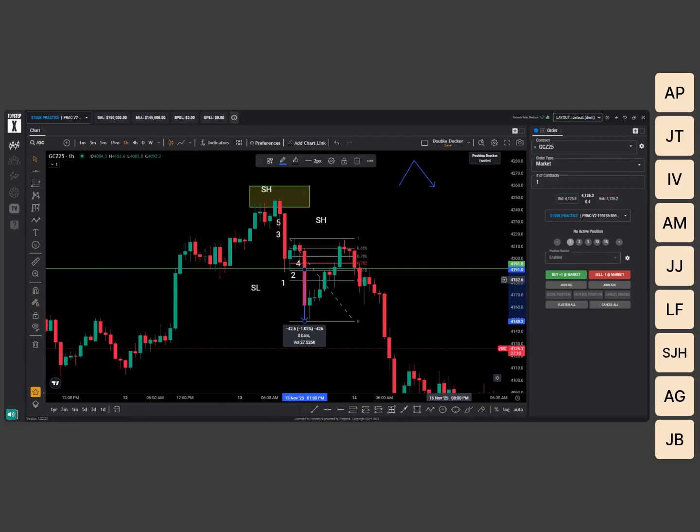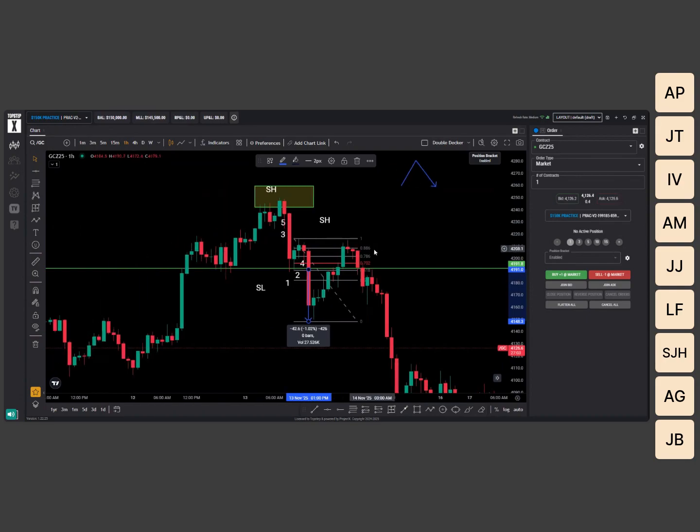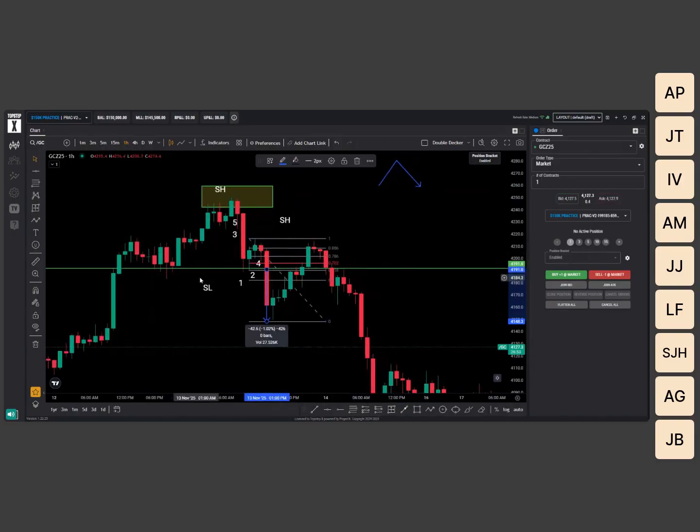Now, ICC is more so called a break and retest, right? It's not hard to learn. Again, when you understand your swing points, it's very, very easy to trade like that. But as far as this scenario, we use that concept of swing highs and swing lows when looking for entries.